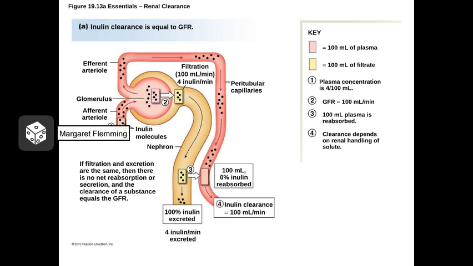All right, let's take a look at this now, and I am going to add a few things. Here we see that there is 100 milliliters of plasma, and it has 4 inulin molecules in it. And we know that there could be another 100 mils right behind it in the bloodstream, and another, and another, and another.